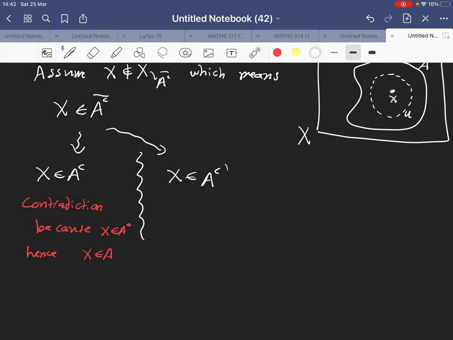On the other hand, let's assume that X is not in the complement, but it is a limit point of the complement.